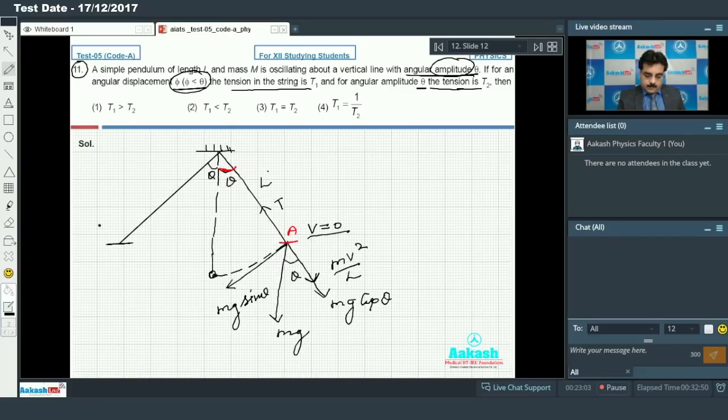Similarly on this extreme position speed V will become 0. यानी कहने का मतलब ये है कि जैसे ही ये मास मीन पोजीशन की तरफ जाएगा स्पीड इंक्रीज होगी क्योंकि मीन पोजीशन पर मैक्सिमम स्पीड होती है. कहना मैं ये चाह रहा हूं कि इफ आई कैलकुलेट द टेंशन एट पॉइंट ए एंड दैट इज रिप्रेजेंटेड बाय 2, सो दैट इज ओनली mg cos थीटा बिकॉज देयर इज नो स्पीड.